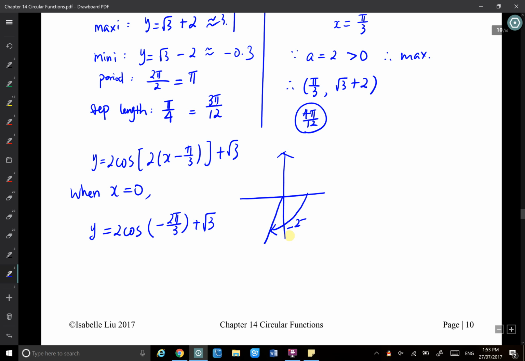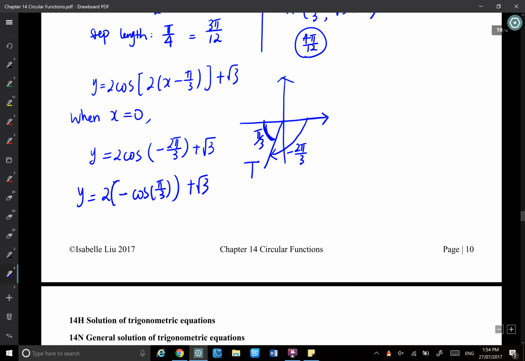Okay, that's negative 2 pi over 3. So the reference angle will be that one. That's pi over 3. Reference angle is pi over 3. So again, this is the third quadrant. So y equals 2 minus cosine pi over 3 plus root 3.